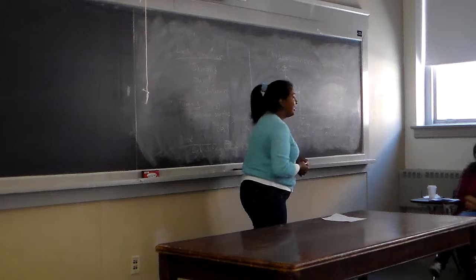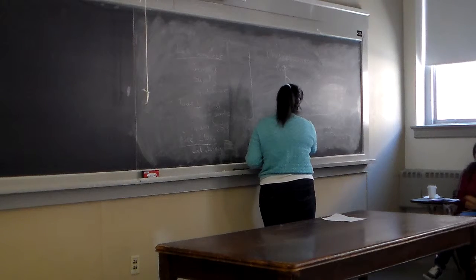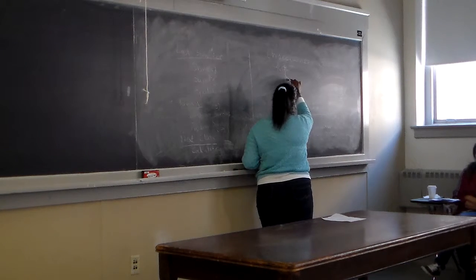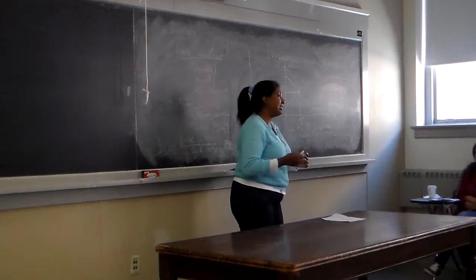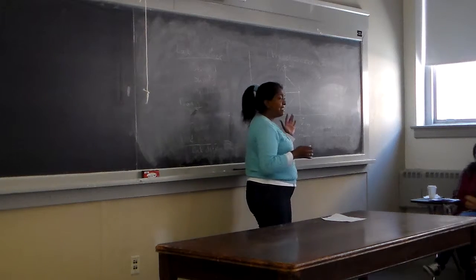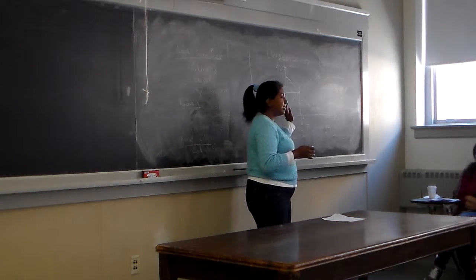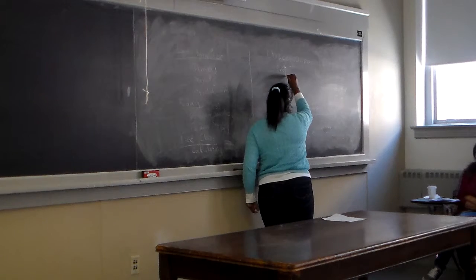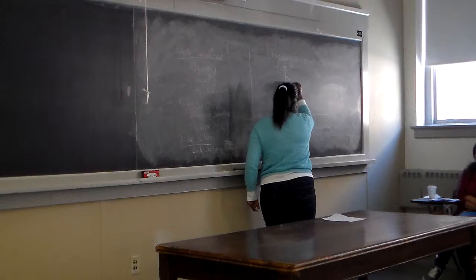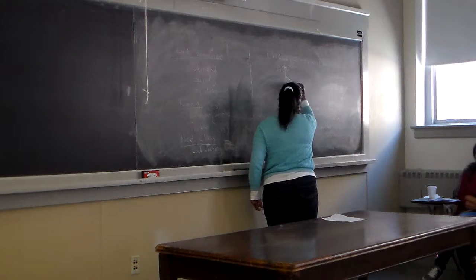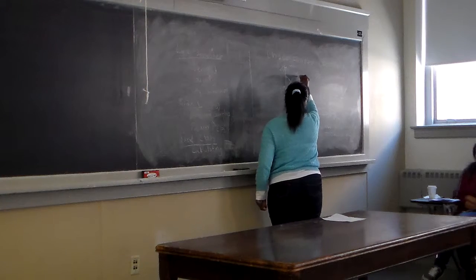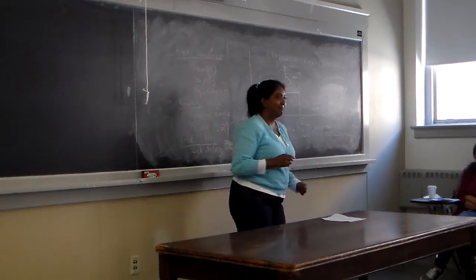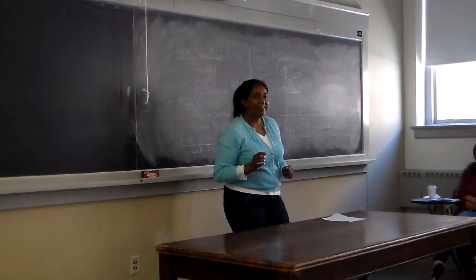But what happens is in the market, the product is selling for P star. So because they were willing to pay all this, they end up only paying P star. This area here, we denote as the consumer surplus. Any questions so far?